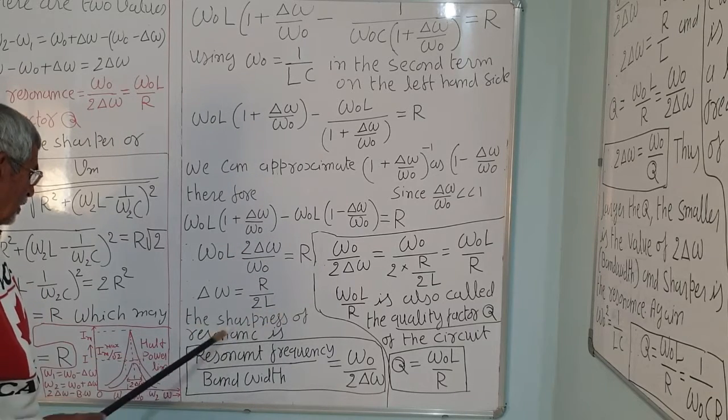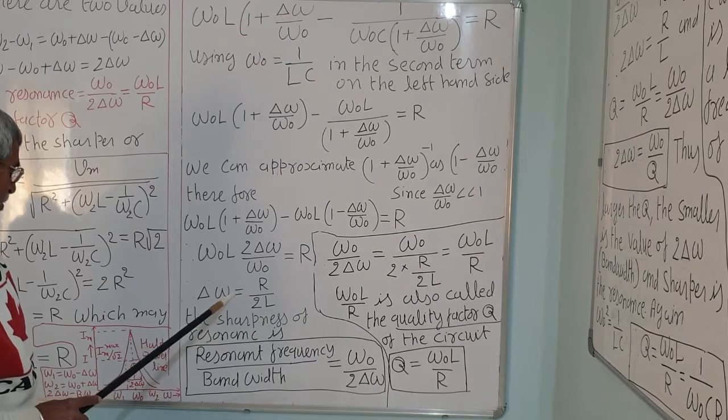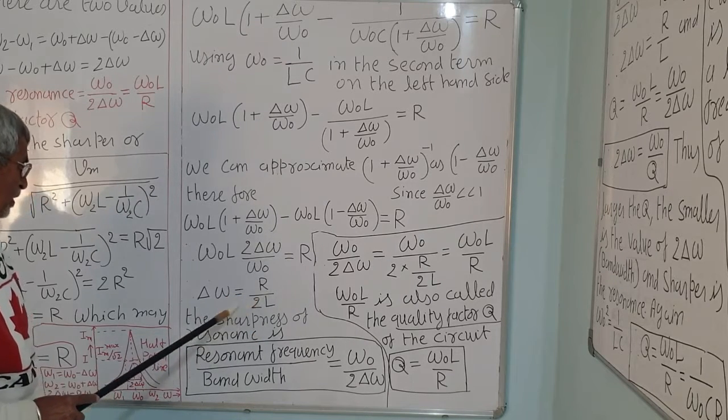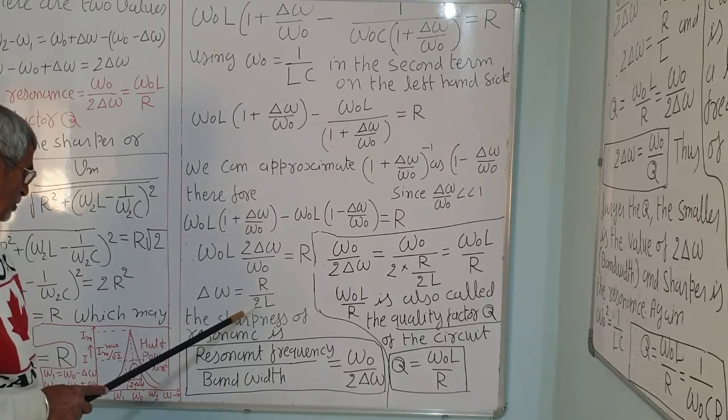The sharpness of the resonance, that is what we said in the equation earlier, correct, is the resonance frequency upon bandwidth, omega 0 upon 2 delta omega, and that is equal to R upon 2L also.